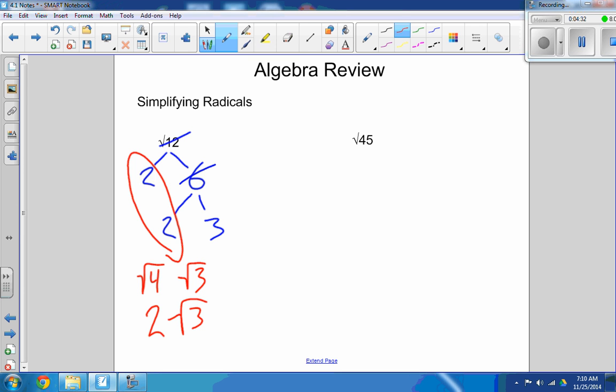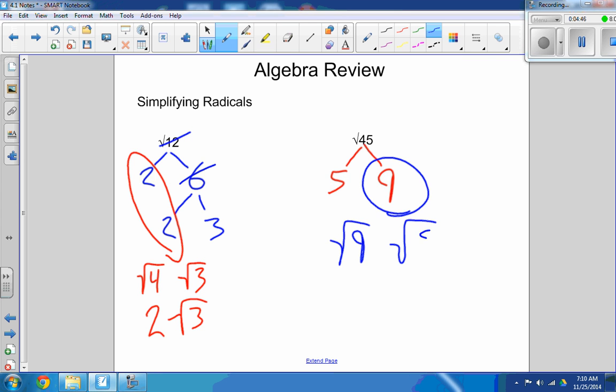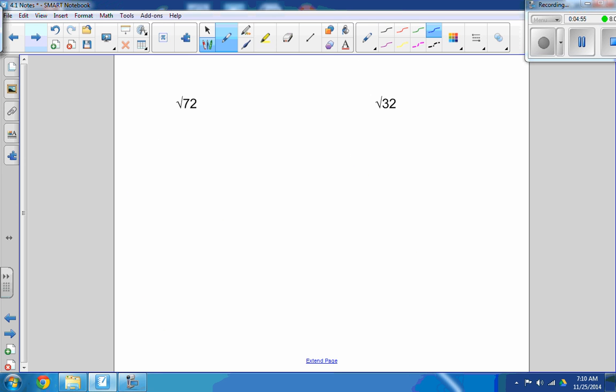All right. Square root of 45, smallest number is 5. It's 9. Now, I'm actually good stopping here because I know the square root of 9 is 3. So 3 square root of 5. All right. So this next one. Square root of 72, smallest number is 2, which gives us 36.